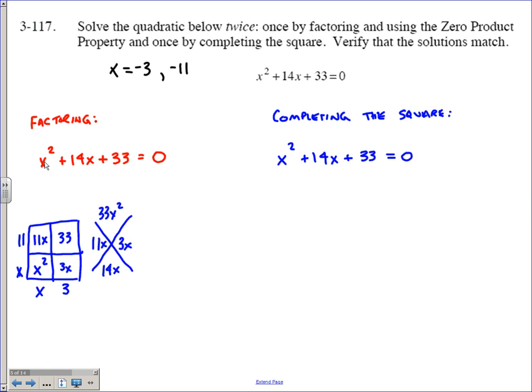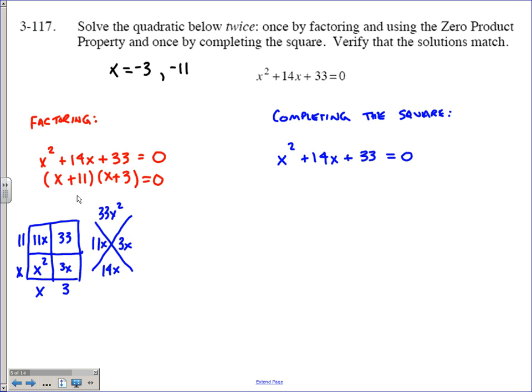So our equation, when we factor it, we should end up with the quantity x plus 11 times the quantity x plus 3 equals 0. That's the factoring part. In order to come up with the answers, we have to use the zero product property, and that's the part a lot of people forget.